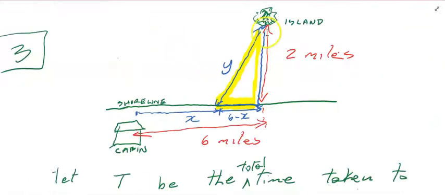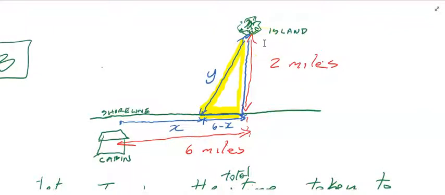So let us draw a picture of this situation. Here we have our island out somewhere in the sea. Here is our shoreline. The direct distance from the island to the shoreline is 2 miles. Here is our cabin, which is 6 miles from the point on the shore where our measurement from our island is.